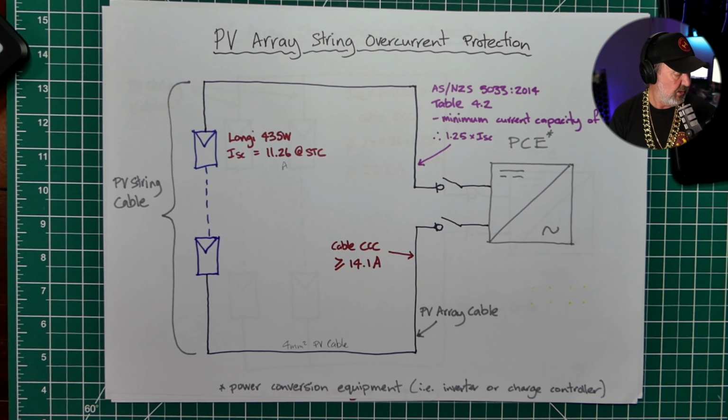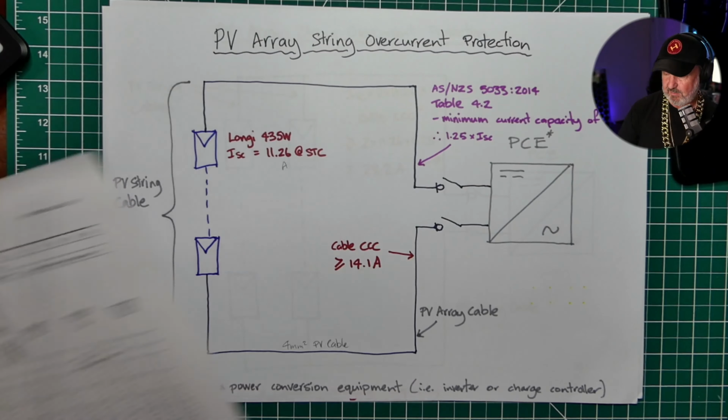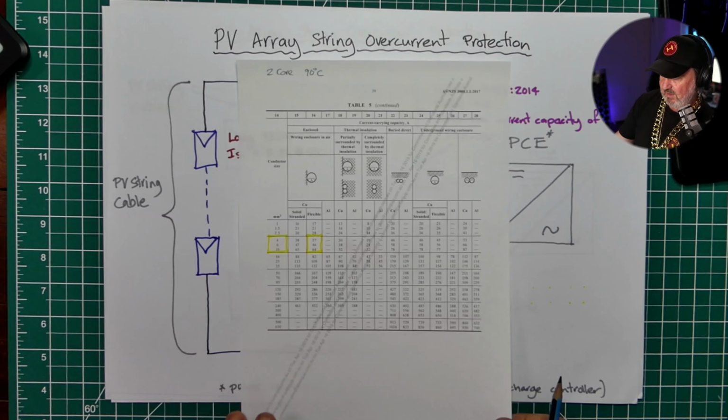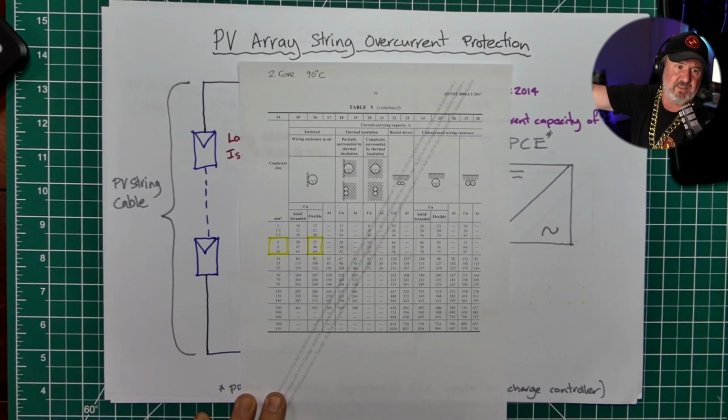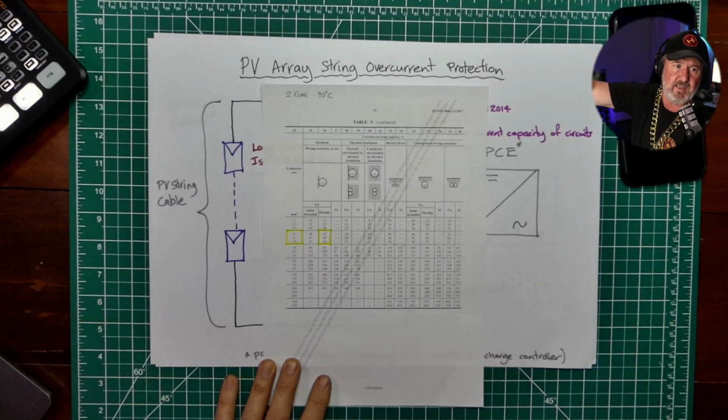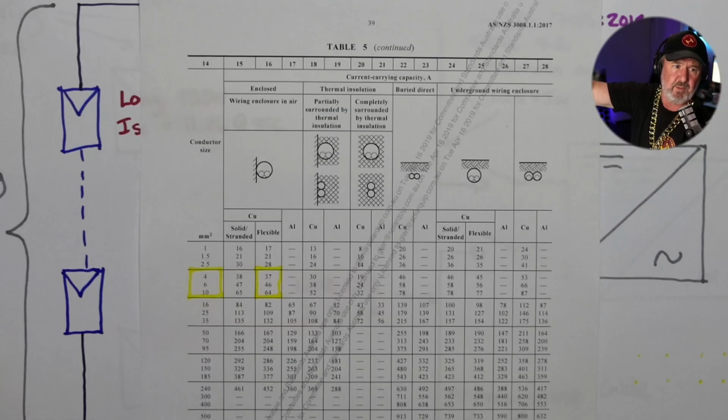So this is where you dive into the wonderful cable current standard AS/NZS 3008, and I've just zoomed in on a little section of it here, which is specifically for cables that are multi-stranded.